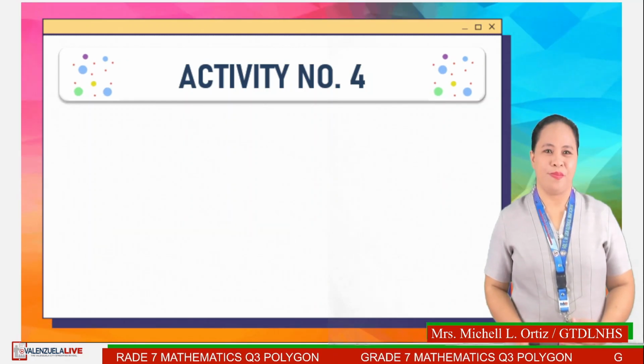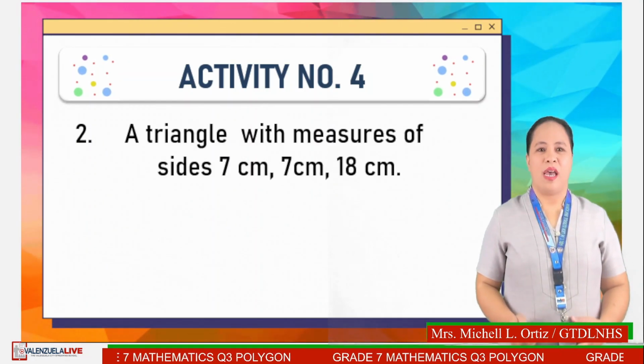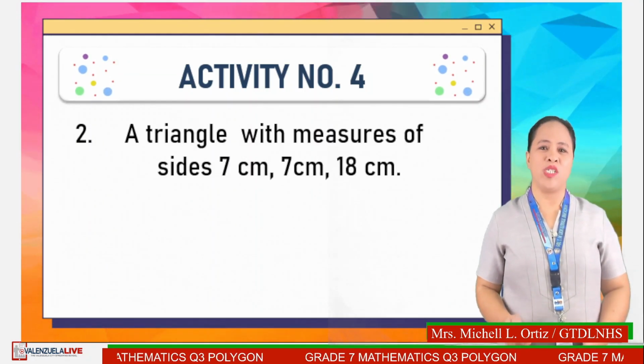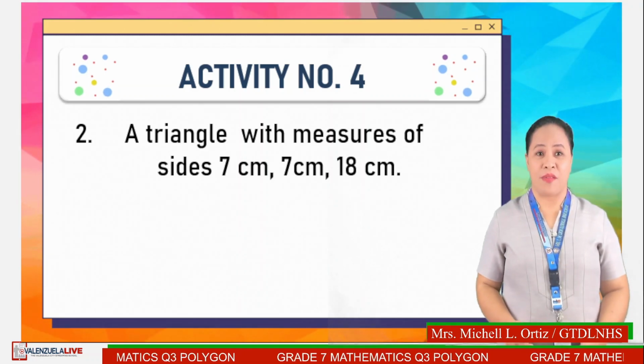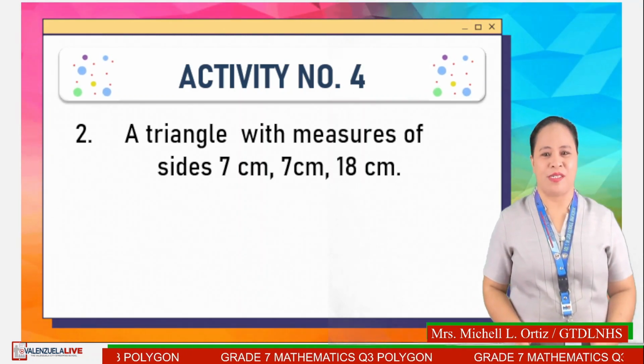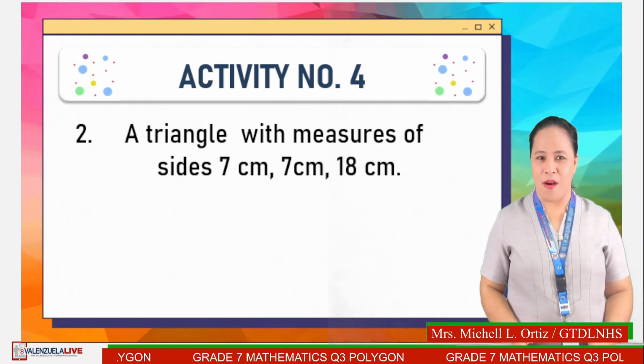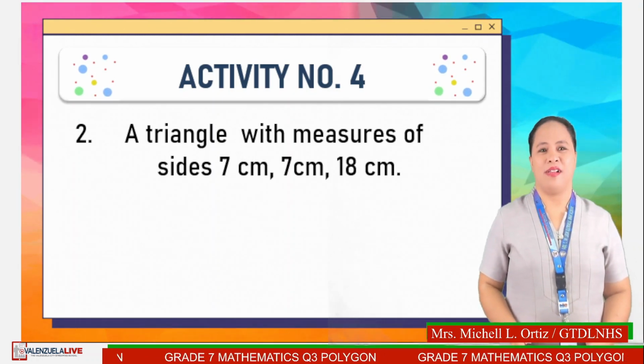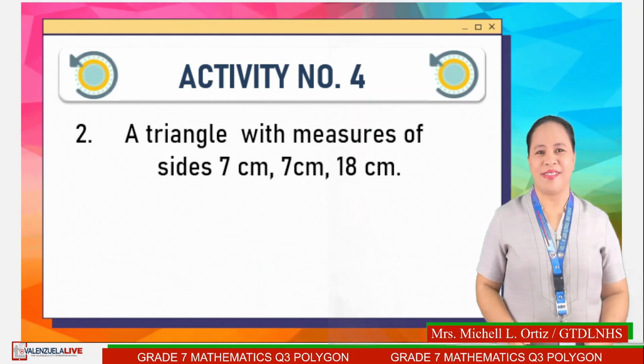Number 2. A triangle with measures of sides 7 centimeters, 7 centimeters, and 18 centimeters. Possible or impossible? 5 seconds. Go.